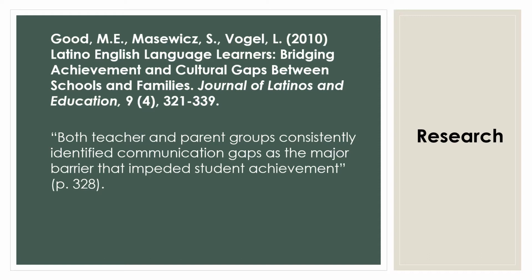This can come in three main forms: teacher and student, student and parent, and parent and teacher. When these three groups speak different languages than each other, it becomes difficult to communicate and work together to promote academic achievement.